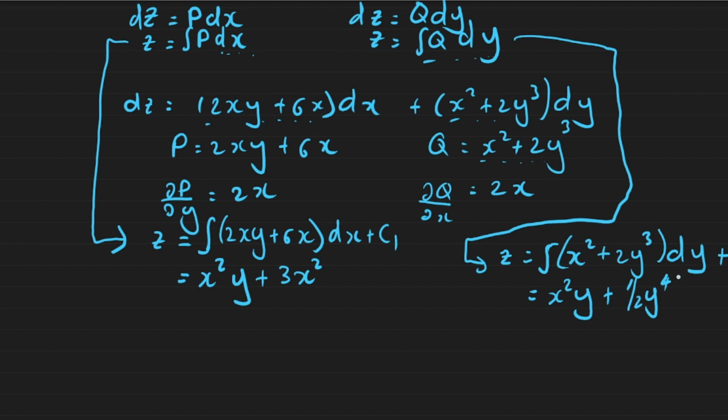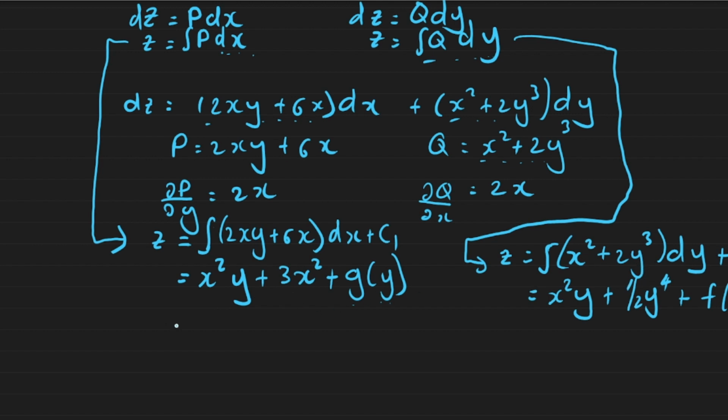So we need to take that into consideration. When we integrated with respect to x, there was some function of y that became 0 when differentiated, which is why it doesn't appear in the integral. And the same is true here: there was some function of x that became 0 when we differentiated with respect to y, and that's why it's not in the integral.